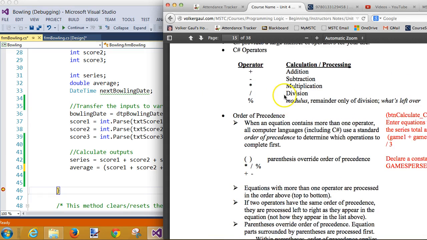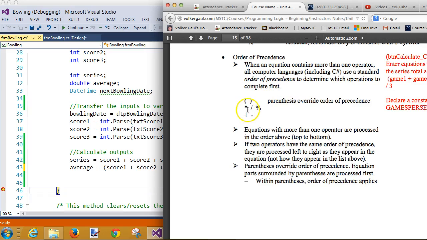Order of precedence said multiplication, then division, then modulus. Well, let me talk you into it. That's not what it says. That's why I have this example in here. These 3, and Mike was paying attention, all have the same rank. If they all have the same rank, they are processed simply left to right.